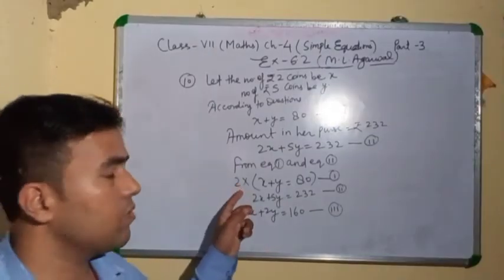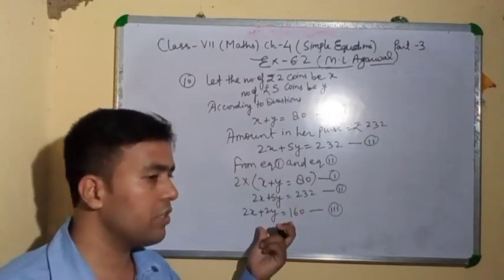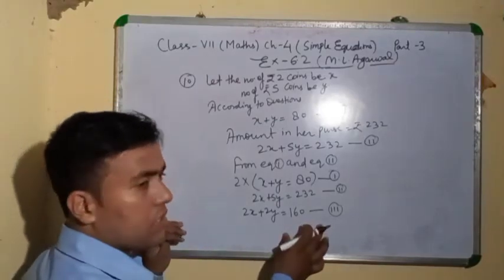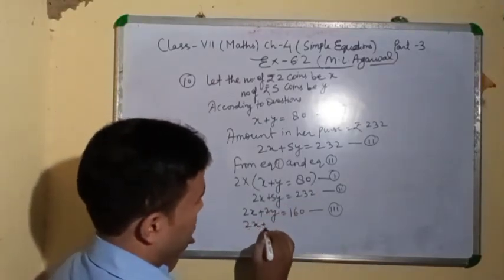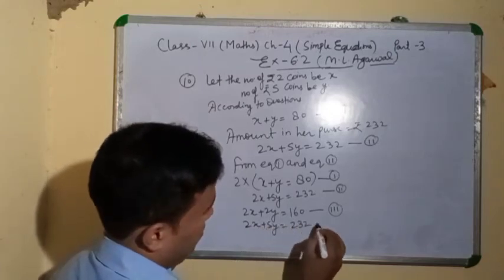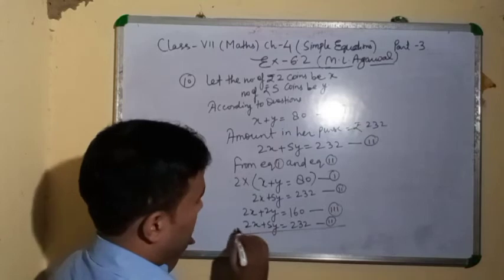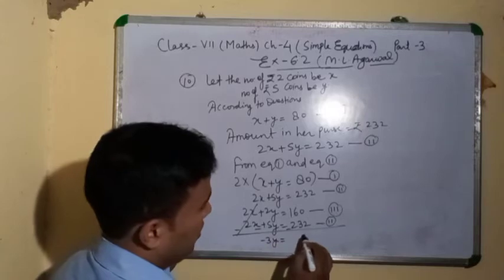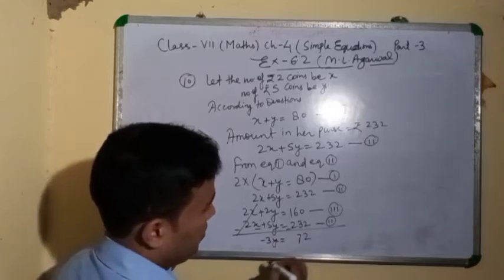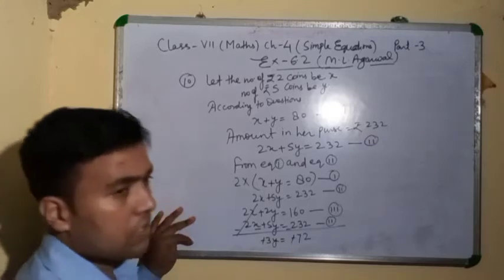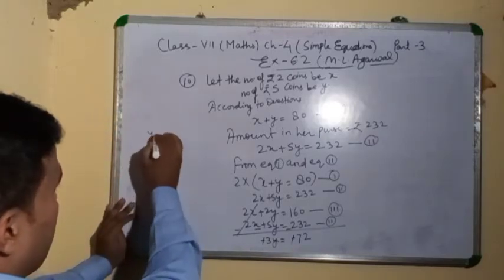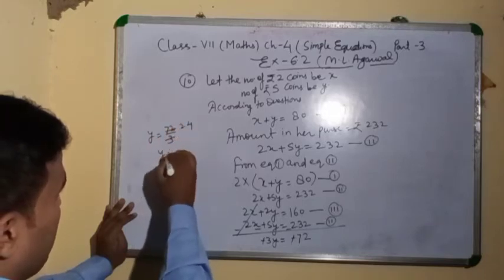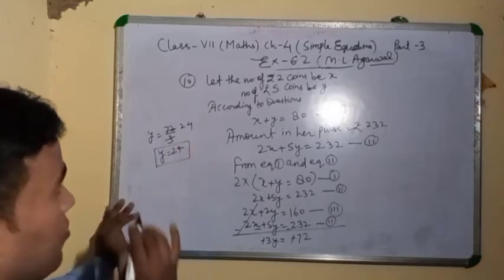When you multiply by 2 in equation number 1, you will get a new equation. That equation you will name equation 3. From equation 3 and equation 2, do subtract. 5 minus 2 is 3y. 72 minus, cancel. Then y equal to 72 by 3, y equal to 24.